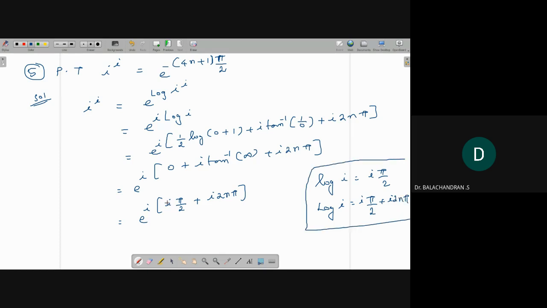Okay. So now I took i commonly. If I took i commonly, i into i square, so e power minus, or you can write one more step, i square into pi by 2 plus 2n pi.